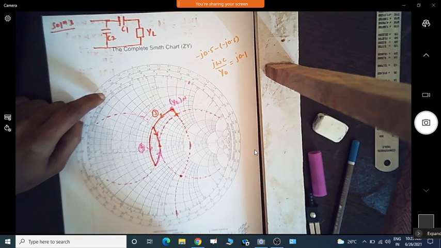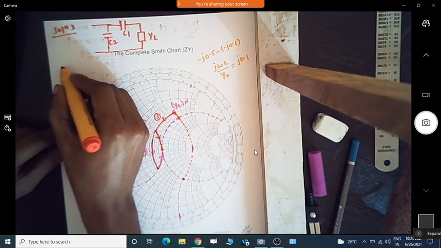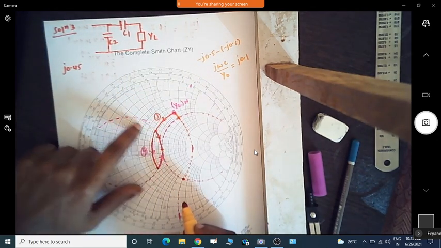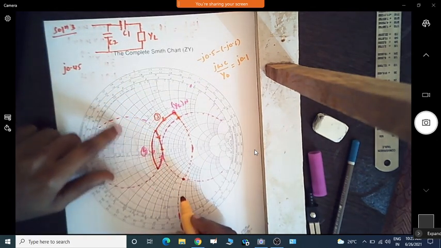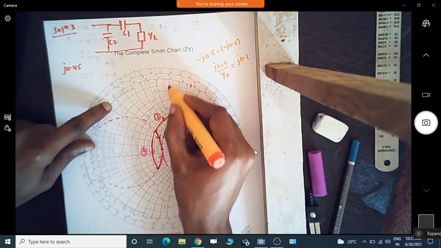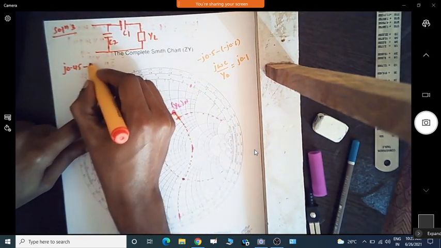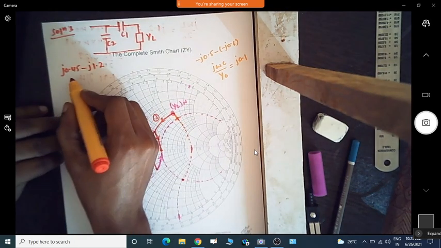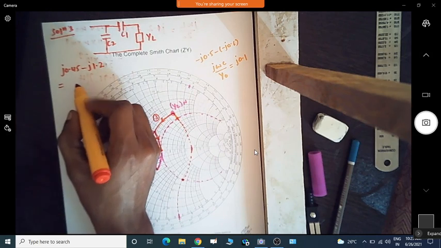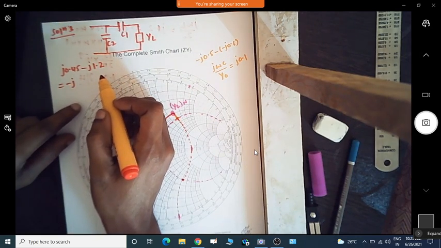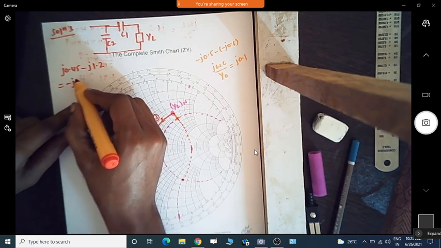So plus j 0.45, minus this value, that is j 1.2. So how much will we get? It will be minus j 0.75, is it?